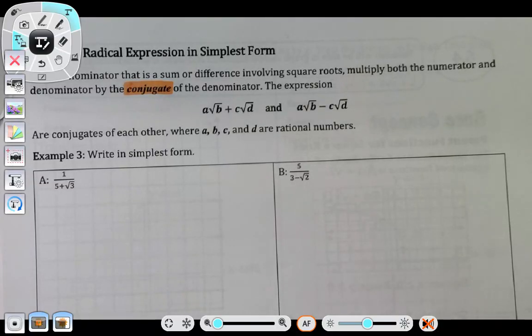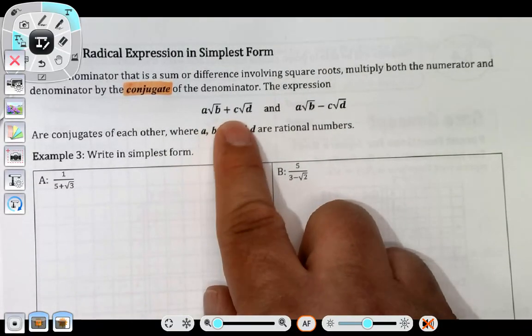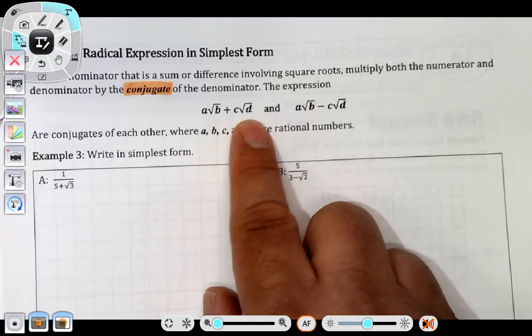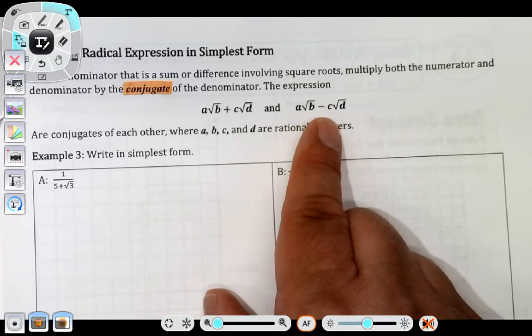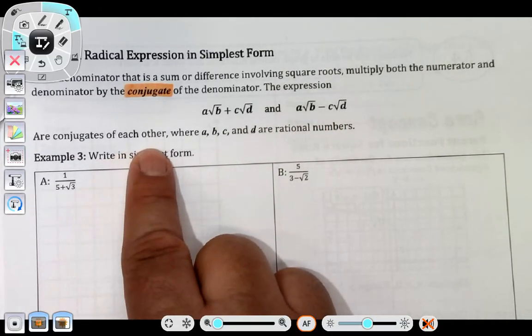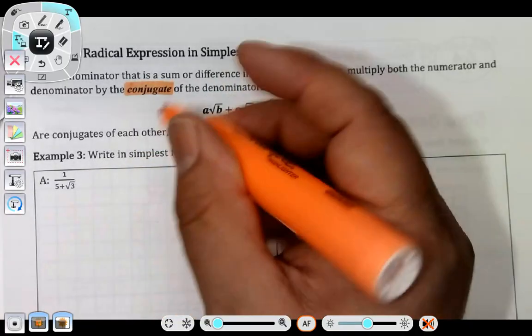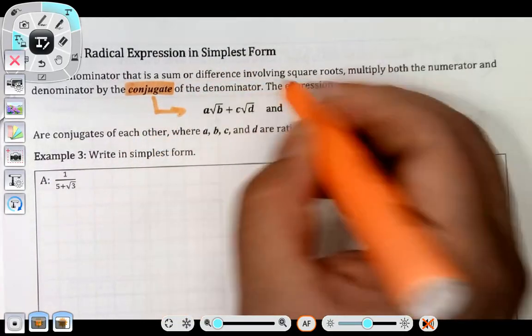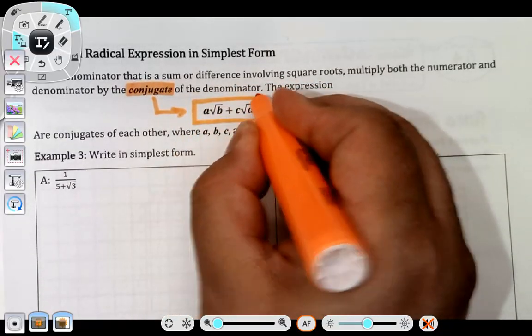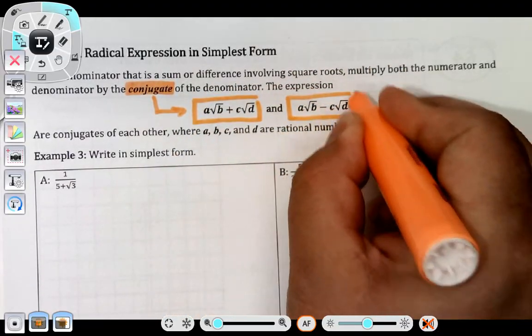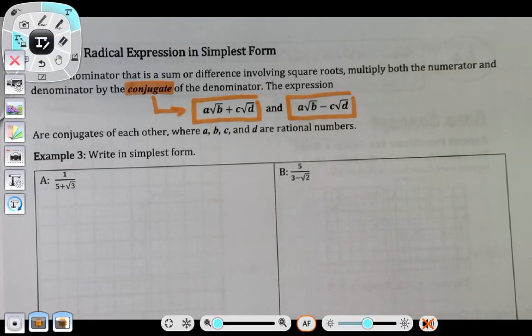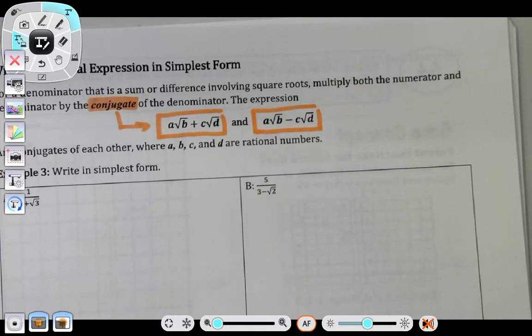Now, the expression a plus b times the square root of c, and then this one with a minus sign, are conjugates of each other, where a, b, c, and d are rational numbers. This is what they mean by conjugate. If one of them is a plus, you rewrite it, and then the other one has a minus sign. So all you have to do is just change the sign in the middle. So let's review that.